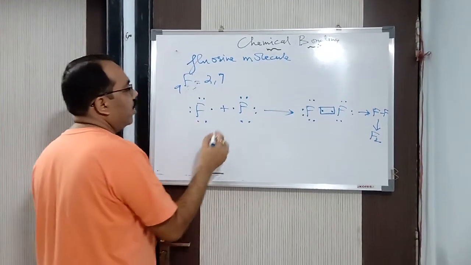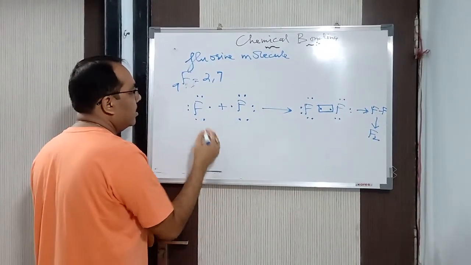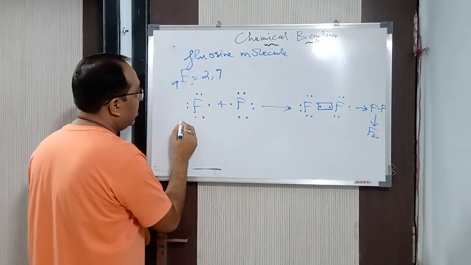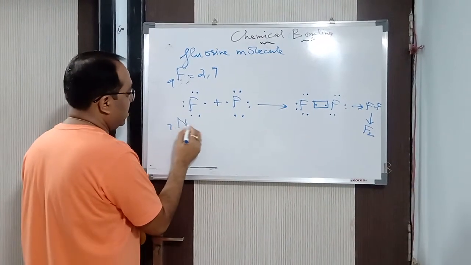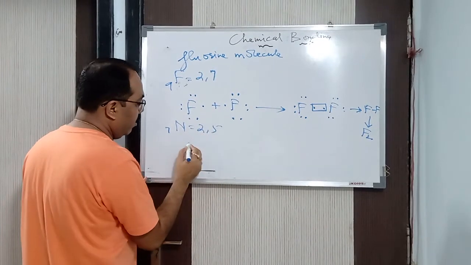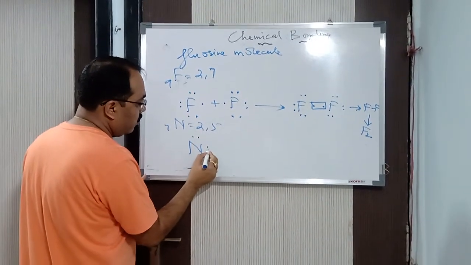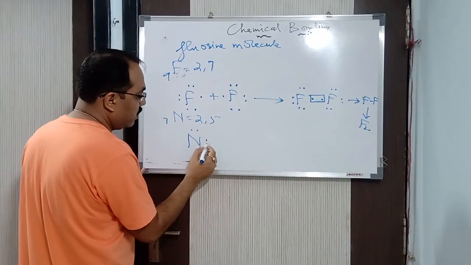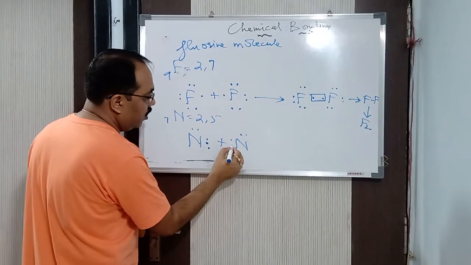Similarly, we can draw it for the oxygen molecule, or for the nitrogen molecule also. Suppose I draw it for the nitrogen molecule. Nitrogen has atomic number 7, so 2, 5. Nitrogen: 1, 2, then 3, 4, 5, as you can see here. Now another nitrogen: 1, 2, 3, 4, 5.